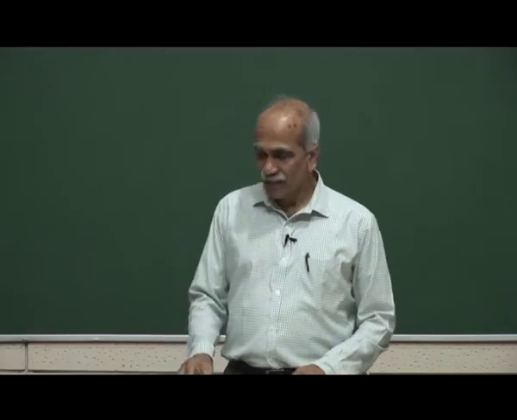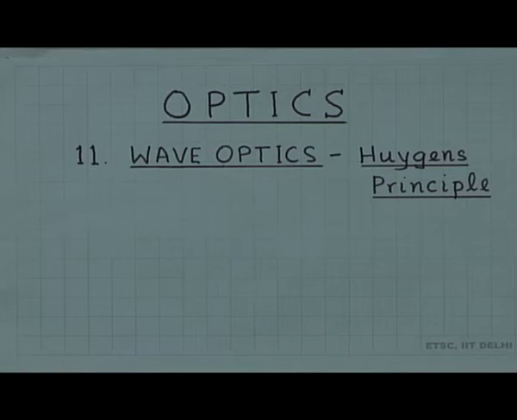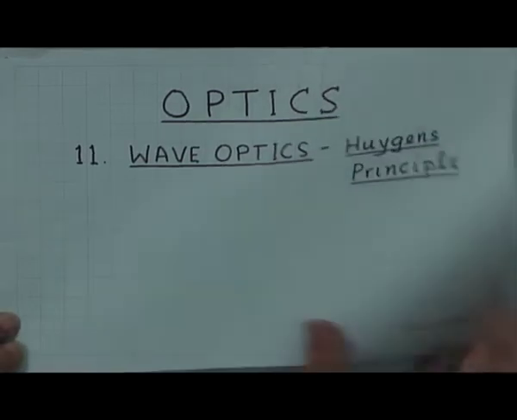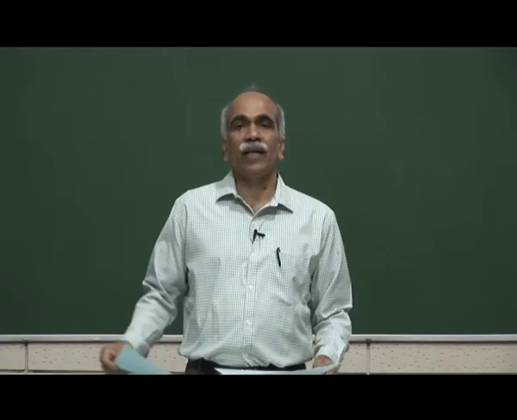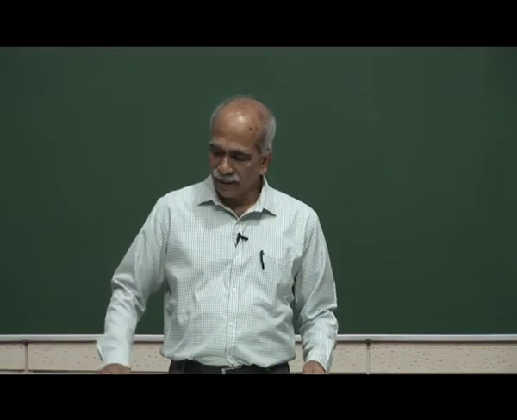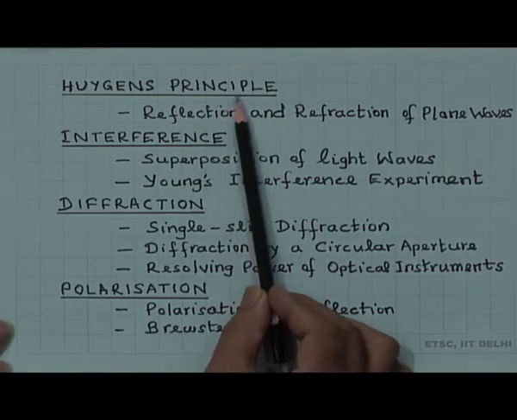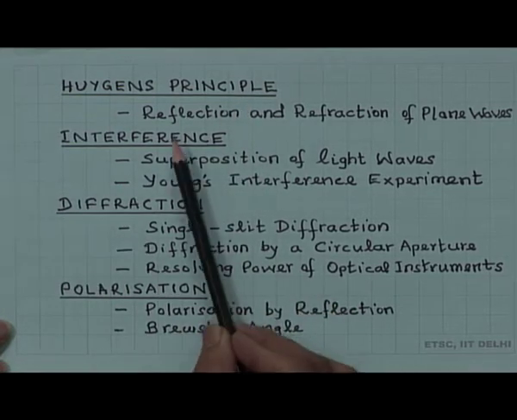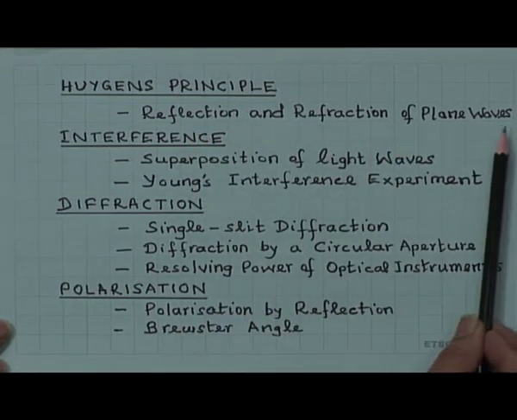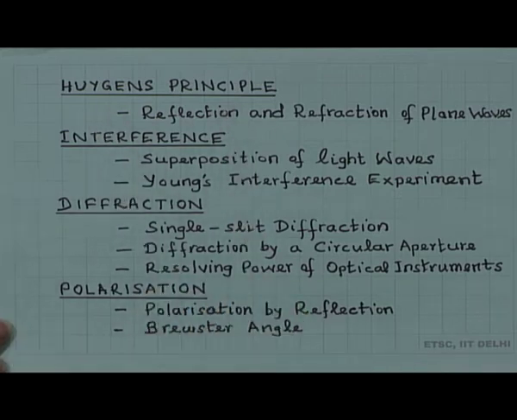So, in wave optics, let me first discuss the various topics that I am going to discuss in this course. First we will begin with Huygens principle, and reflection and refraction of plane waves using Huygens principle.